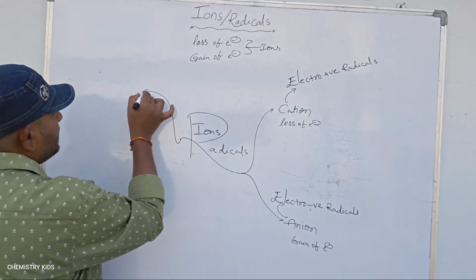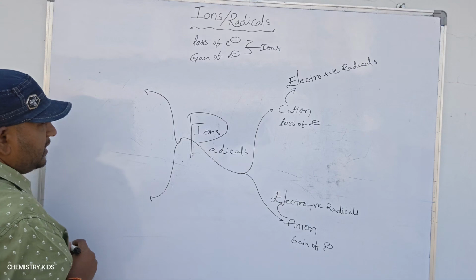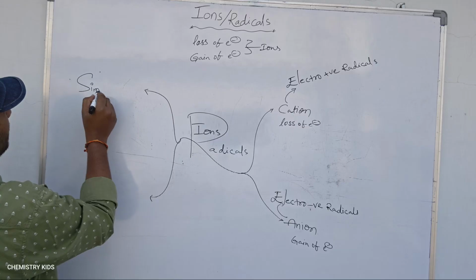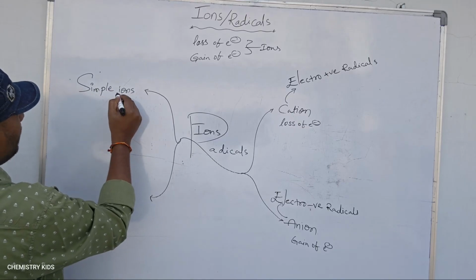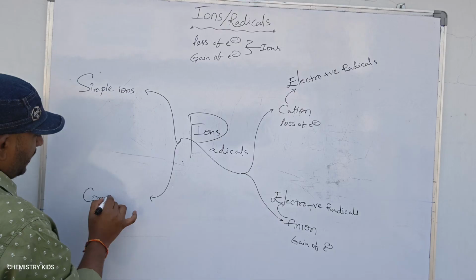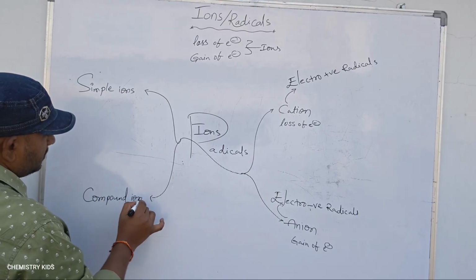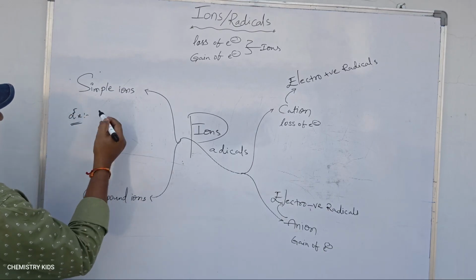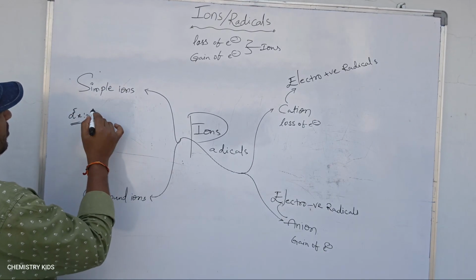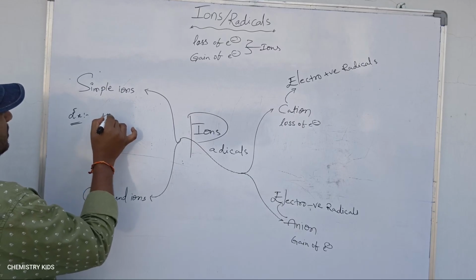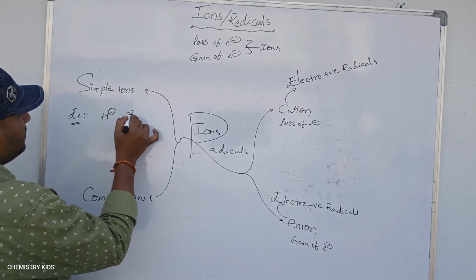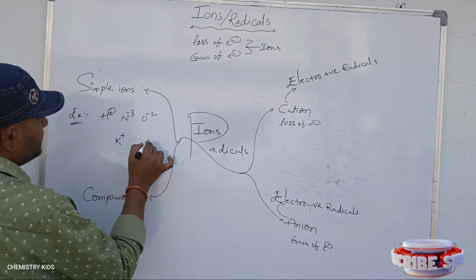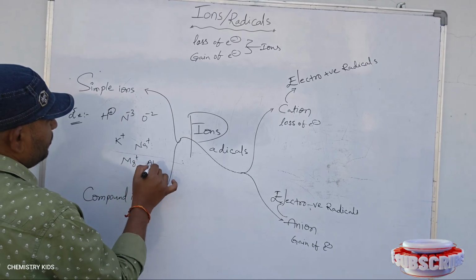And depending on the number of atoms present in the compound, ions are again of two types: simple ions and compound ions. If there is only one atom, we call it a simple ion. For example, hydrogen, nitrogen minus 3, oxygen minus 2, potassium plus, sodium plus, magnesium plus 2, aluminum plus 3.